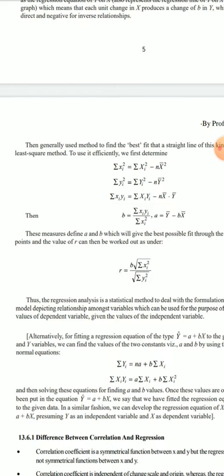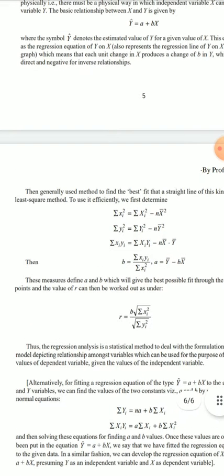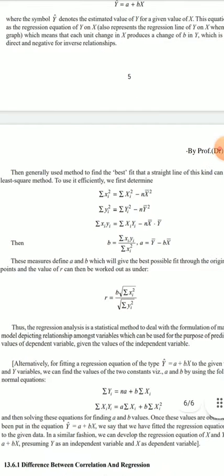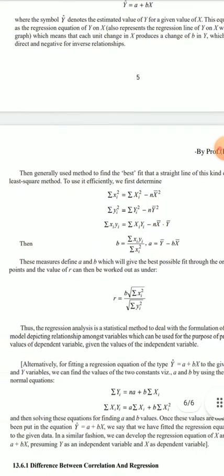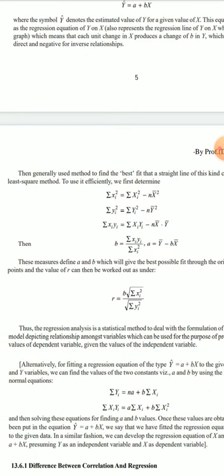The next topic is what is the difference between correlation and regression. So, come to the main point, the difference between correlation and regression.